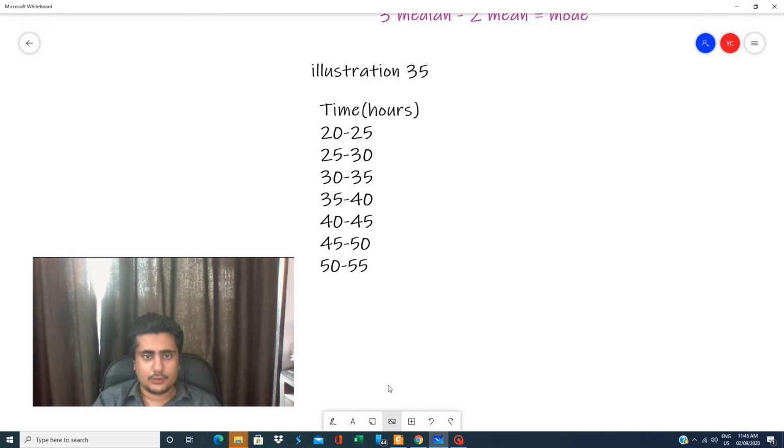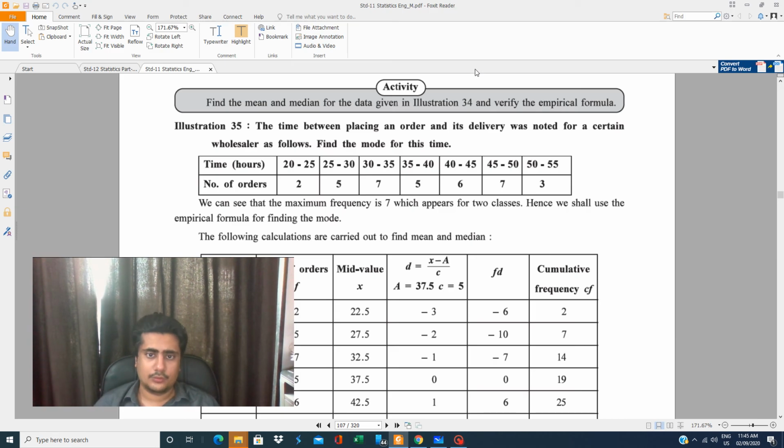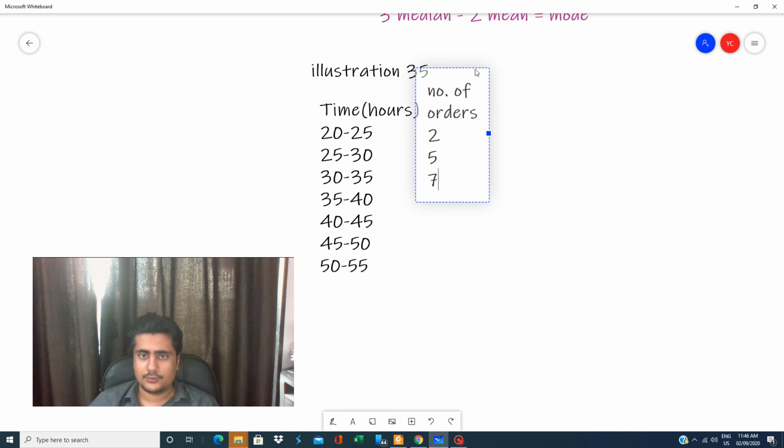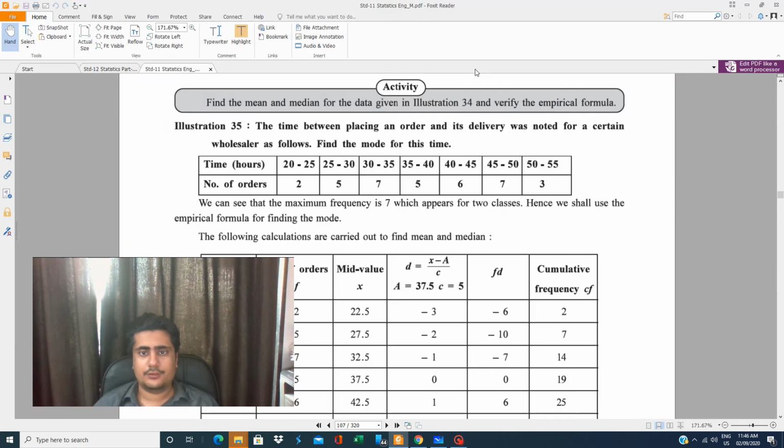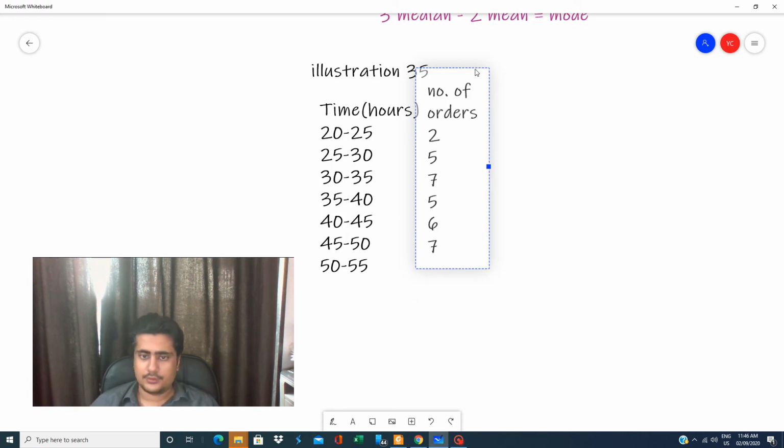Then number of orders: 2, 5, 7, 5, 6, 7, 3.